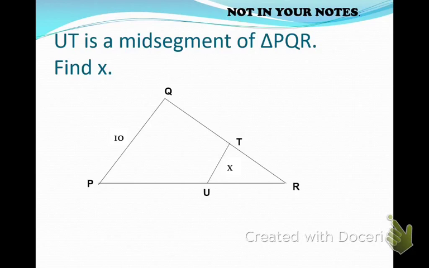It's 5. How'd you get that? What's it half of? PQ. Yeah, it's half. This UT is a midsegment. This is the line it's parallel to, so it's half of it. So UT equals 5. Half of PQ.